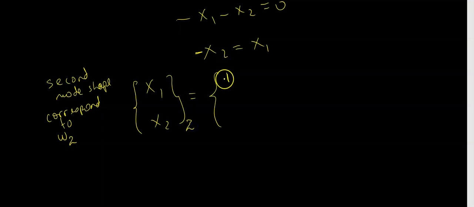If I have x1 is equal to 1, what does x2 equal to? It equals to minus 1. It's easy to see because obviously if I made x2 the subject of the formula here, it would have been minus x1, right? So if I let x1 be equal to 1, x2 is going to be minus 1.